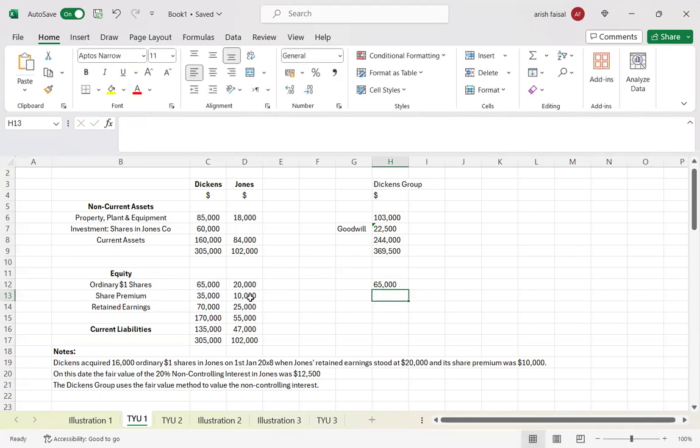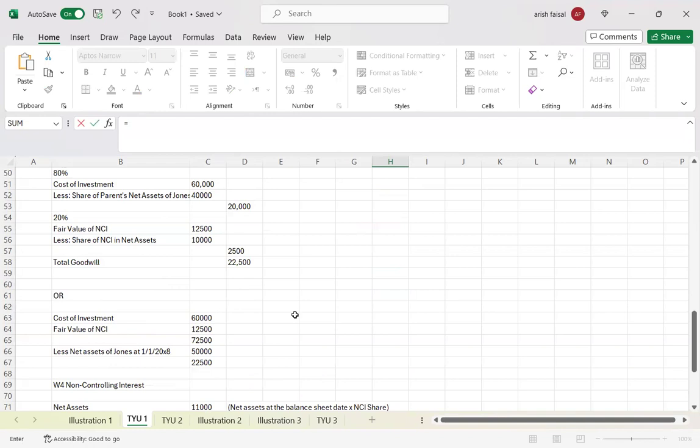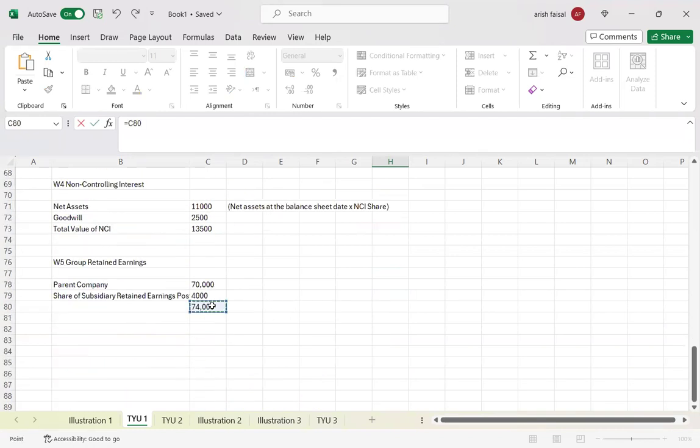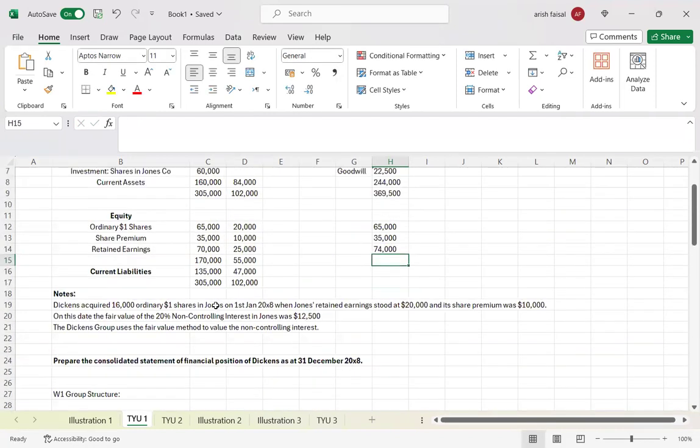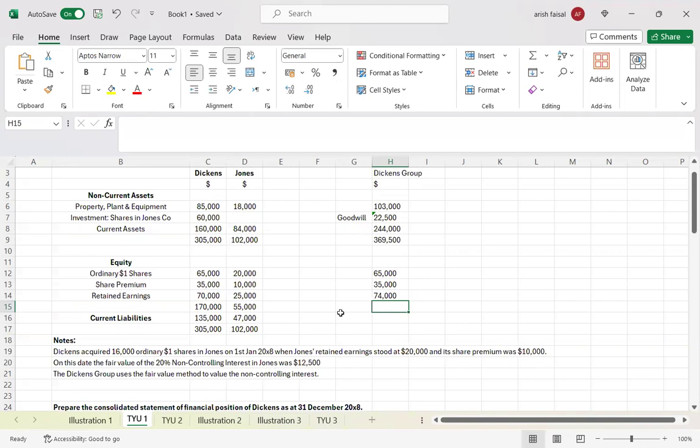Share premium of 10,000 was already acquired of the subsidiary at the date of acquisition. There has been no change. So we will also write down the share premium of the parent company only. Retained earnings, we already figured out in working number 5, which was 74,000. So we have to bring that figure into the consolidated balance sheet, right?